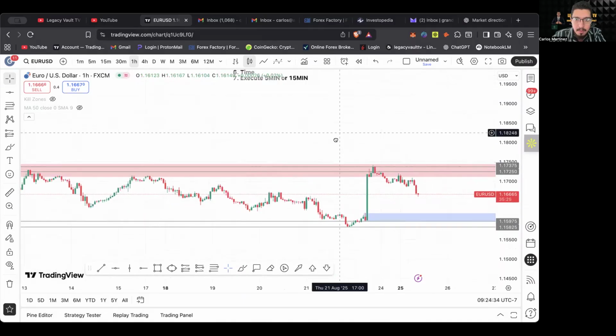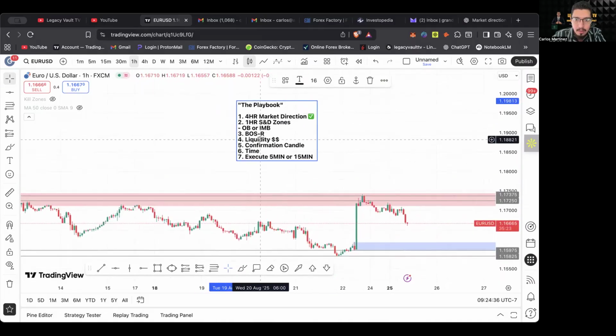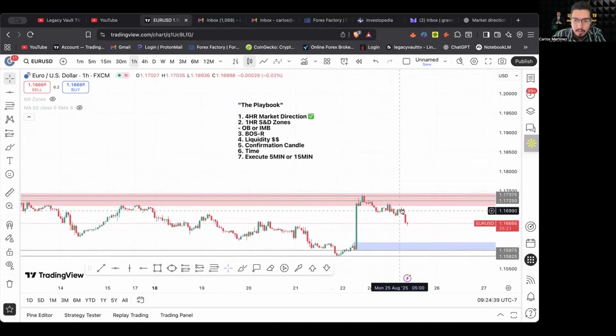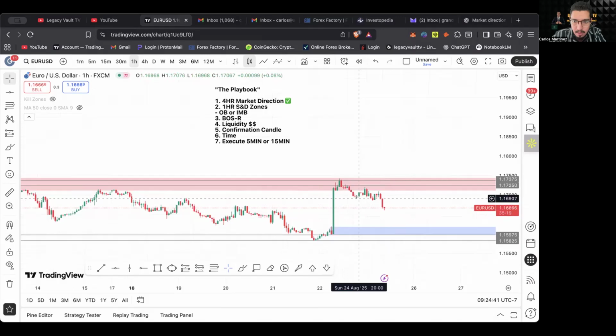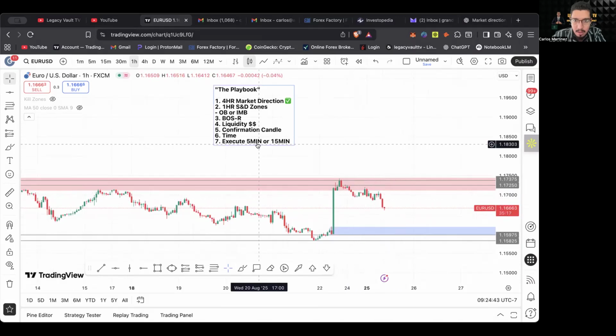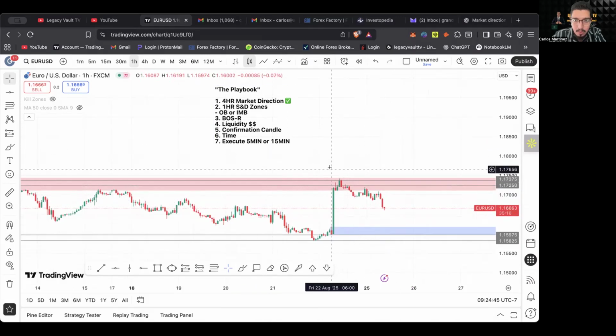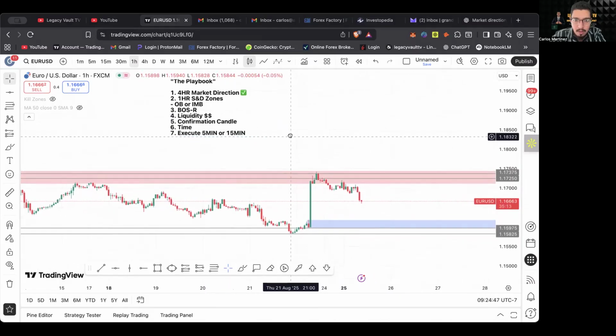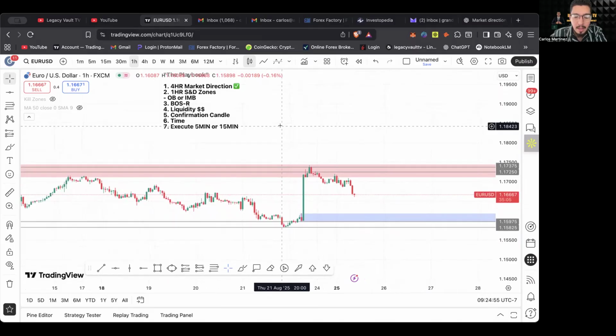The third step is break of structure. A break of structure happened here, and it's also liquidity. So whenever there's a break of structure, you're also wiping out liquidity.